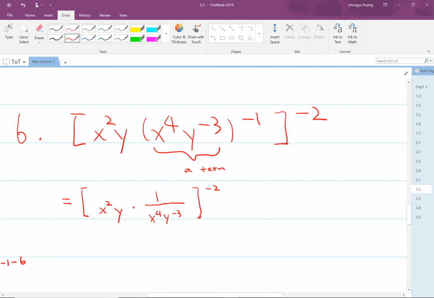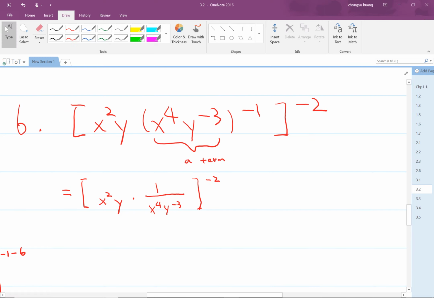Now we just have to simplify a little bit. That's always the truth: you always have to simplify before you do anything else, because simplifying makes things easier to do.